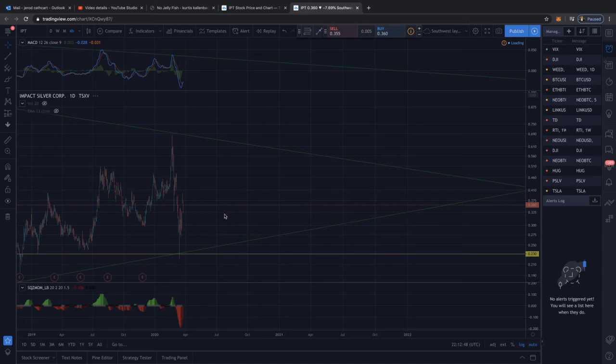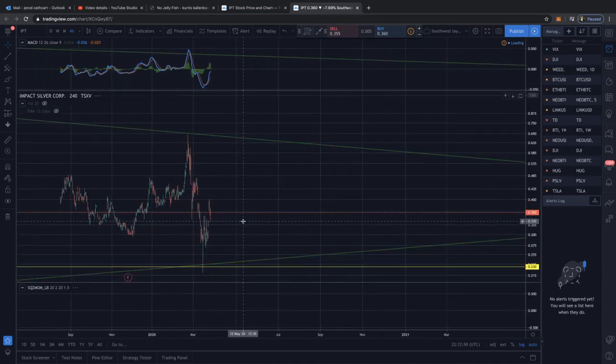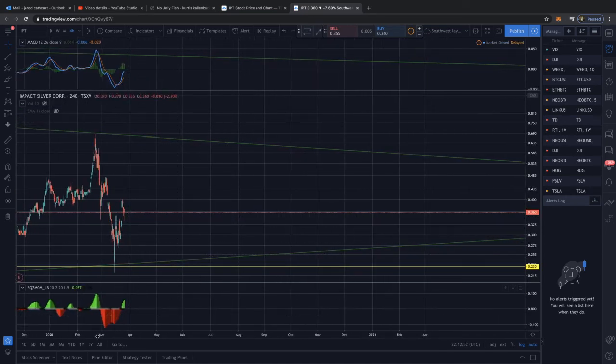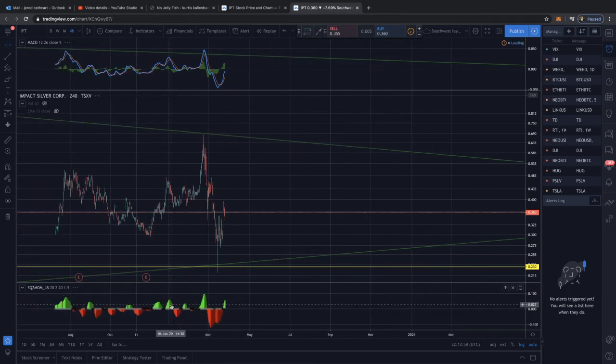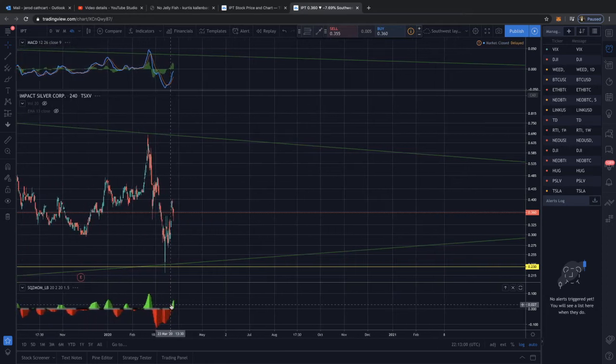Let's see. I'm going to zoom it up a little bit more in the 4-hour chart. When we look at this 4-hour chart, you can see with this MACD, when the orange line crosses over the blue line, that's kind of a signal to maybe sell.